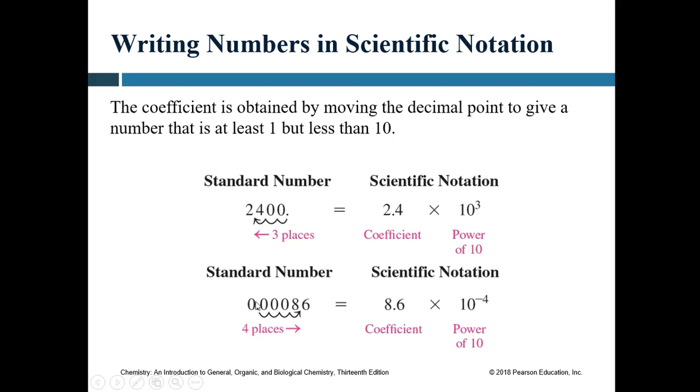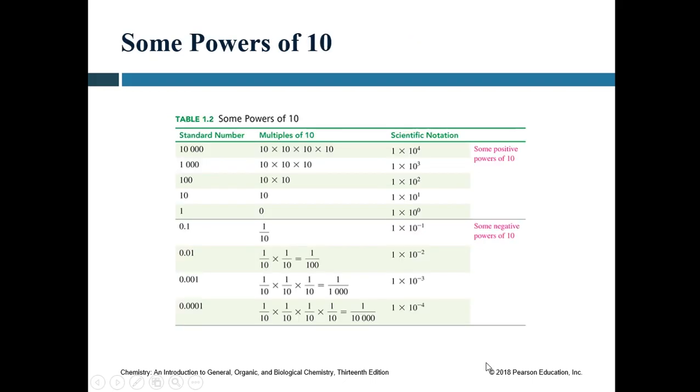So let's move our decimal 1, 2, 3, 4 places to the right, and so we're going to have a 4, and it's a negative 4. Why is it negative, whereas the one up above is positive? Because this is a really small number, less than 1, and we have to designate that with a negative.